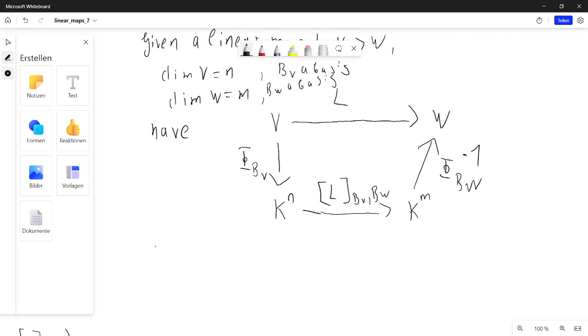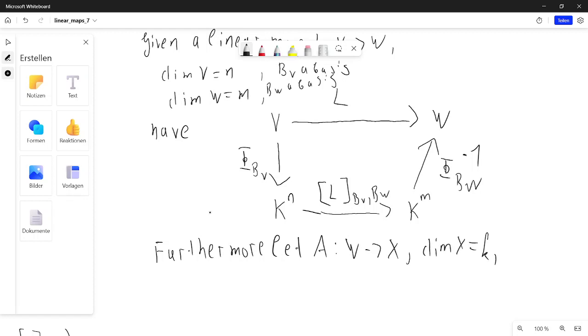Furthermore, let A be from W to X, dimension X equal K, again finite, with basis BX, and well, what do we have then?